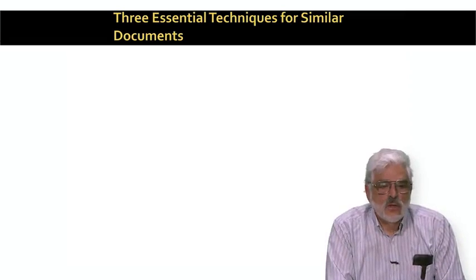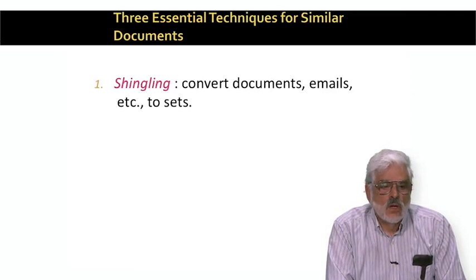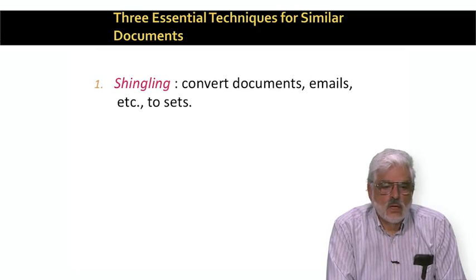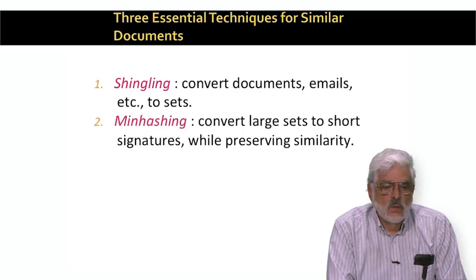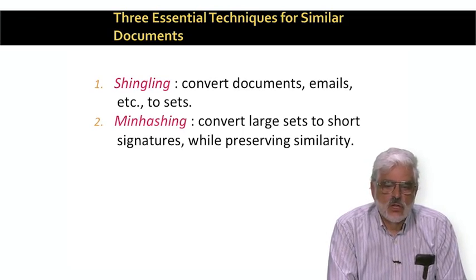As we suggested in the introduction, we're going to learn three important new techniques. Shingling is how we convert documents to sets so that documents that have a lot of text in common will be converted to sets that are similar in the sense that they have a lot of members in common. Then we'll learn about min-hashing, which is how we convert sets to short signatures.